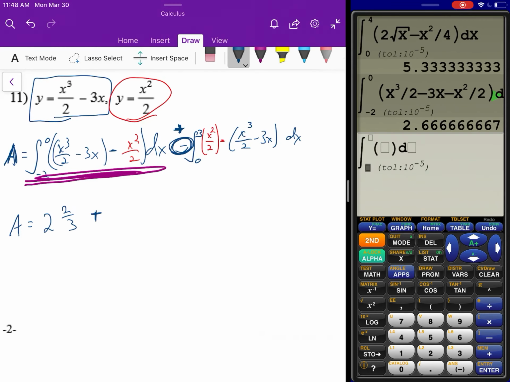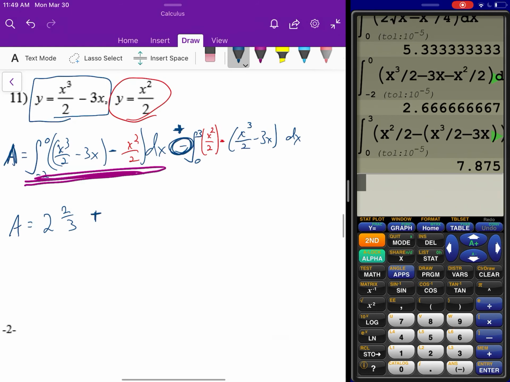So we got the integral, this time from 0 to 3 of x squared over 2 minus, make sure we put this in parentheses because that negative will get distributed, x cubed over 2 minus 3x, end the parentheses, and then dx.